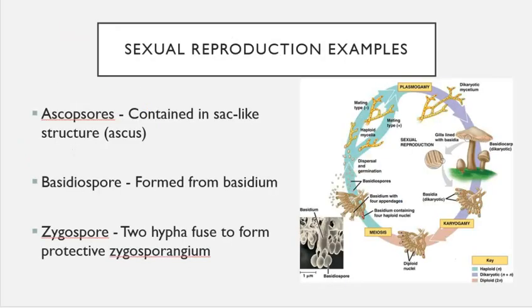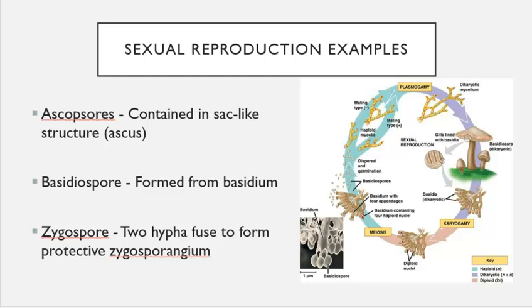These are all examples of sexual reproduction in fungi, and it just depends on the species what type of cell they produce. First we have the ascospore, which is a sexual spore. It's contained in a sac-like structure called an ascus, where spores are found in sacs on the fungi.